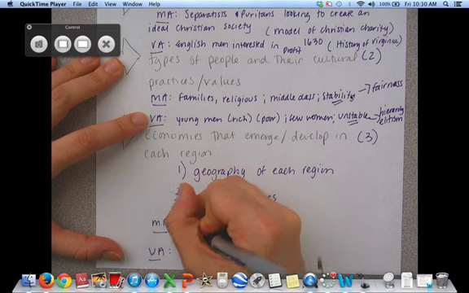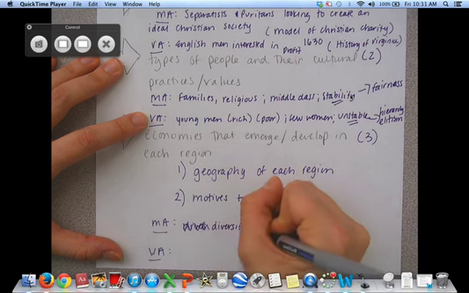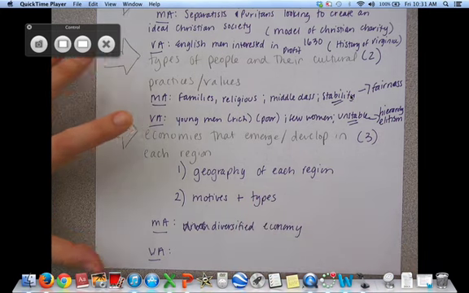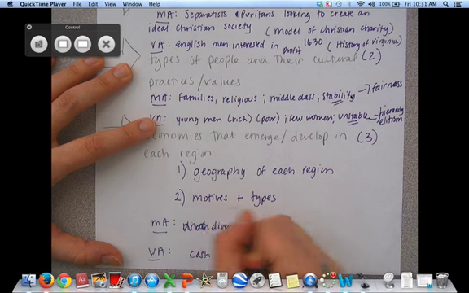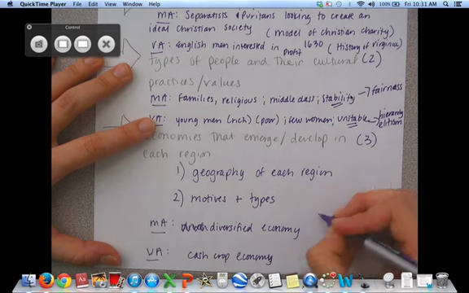I spelled that wrong. Let's try again. Diversified economies. And in Virginia, you have a cash crop economy. By the way, both of these are serving England, right? It's mercantilism.